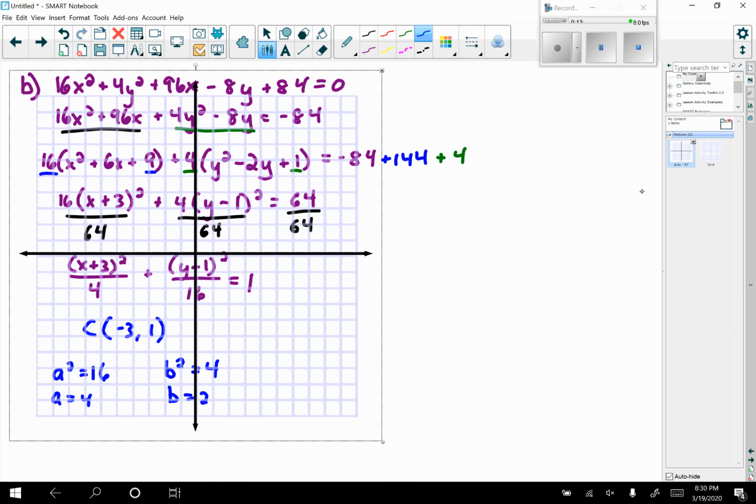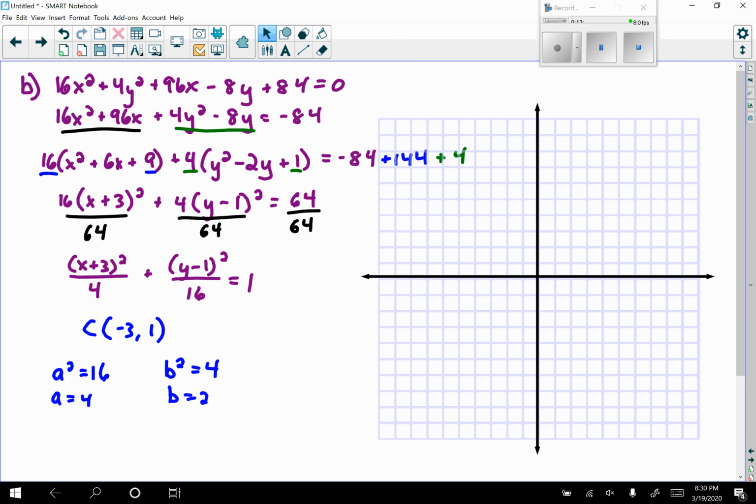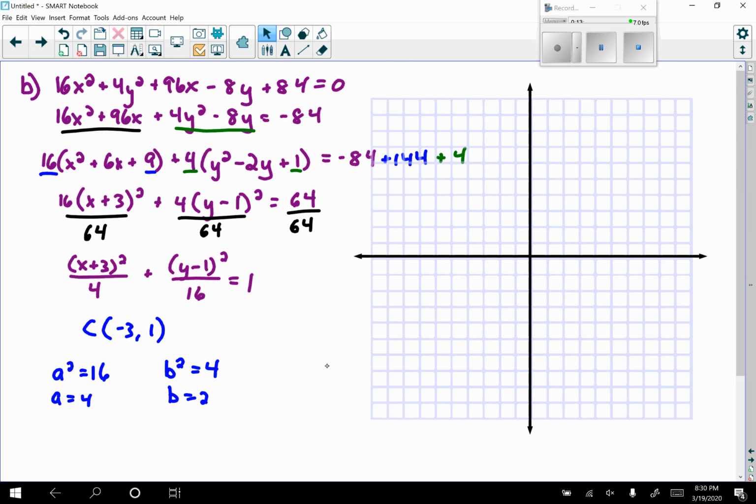So we'll go ahead and graph this to help us write our vertices as well. So we have a center at negative 3, 1. Since our a squared, or larger denominator, was second, I'm going to count up 4, and then down 4, 2 to the right, and then 2 to the left to draw the ellipse.